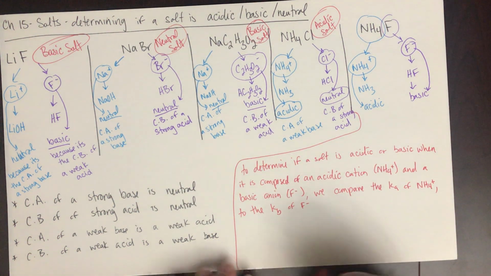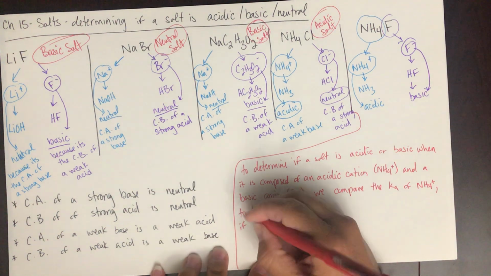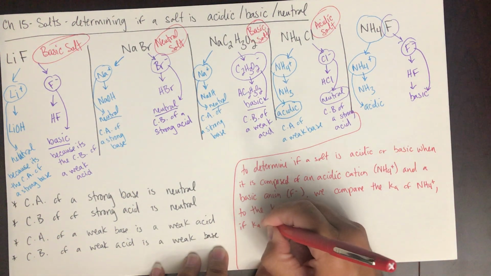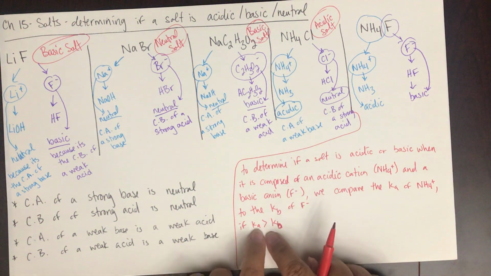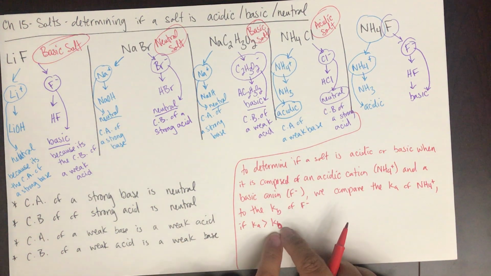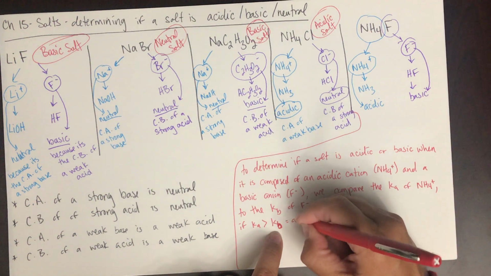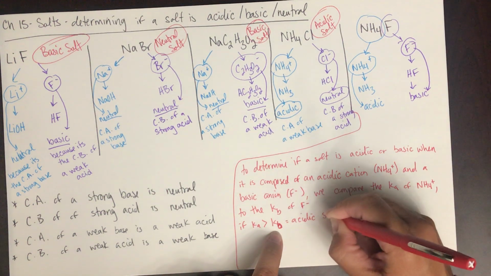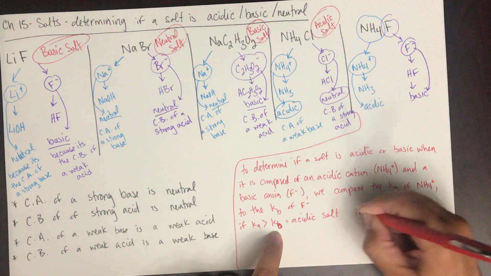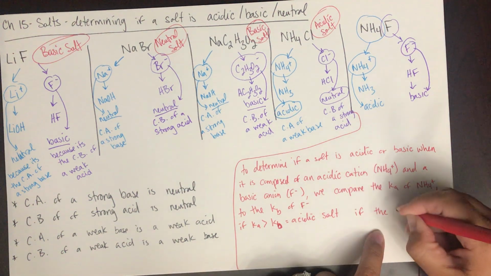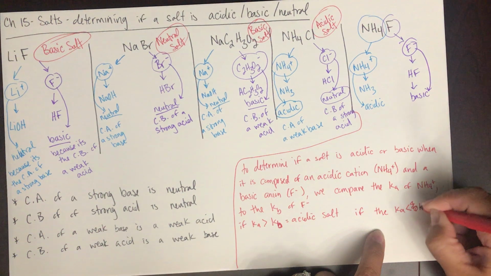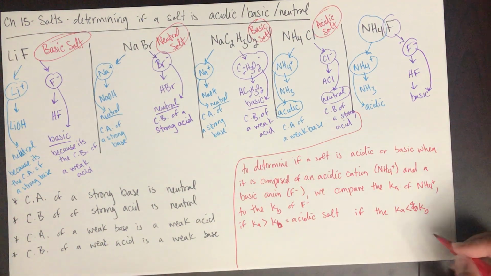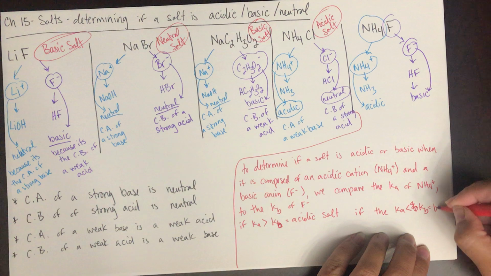If the Ka is greater than the Kb, if the weak acid ionization is greater than the weak base ionization, then it would be an acidic salt. If the Kb is greater than the Ka, then it would be a basic salt.